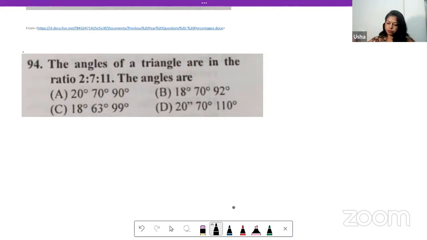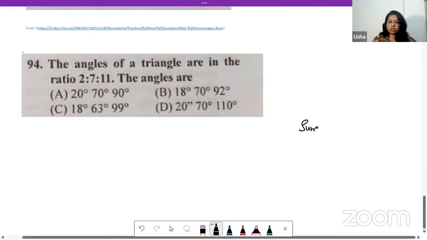Anybody? Yes, come on, anyone? What is the sum of interior angles of a triangle? Yes, Venkatesh has responded. It is 180, correct? Sum of angles is 180. Right.